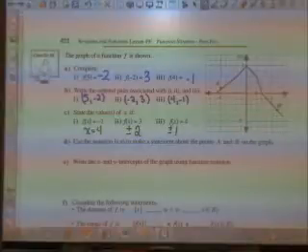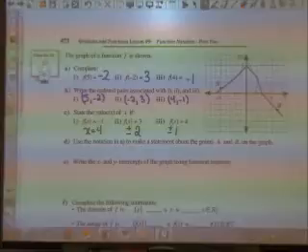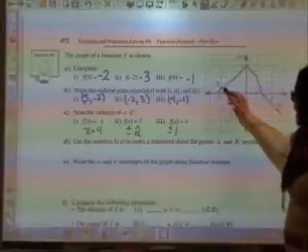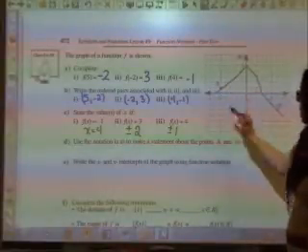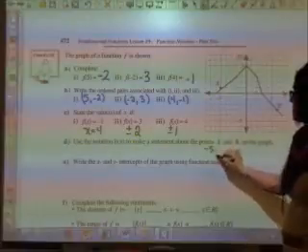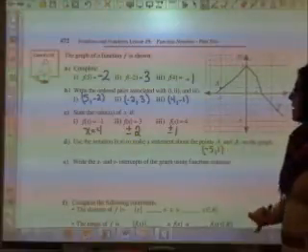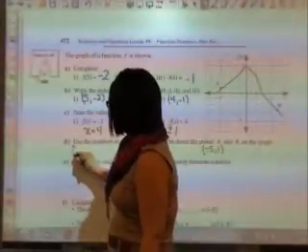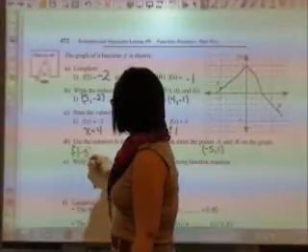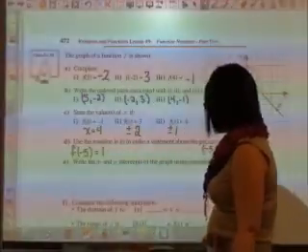So D says use the notation in part A to make a statement about the points A and B on the graph. So point A has coordinates of what? Negative 5 and 1. So in function notation, I could write this as f of negative 5 equals 1.